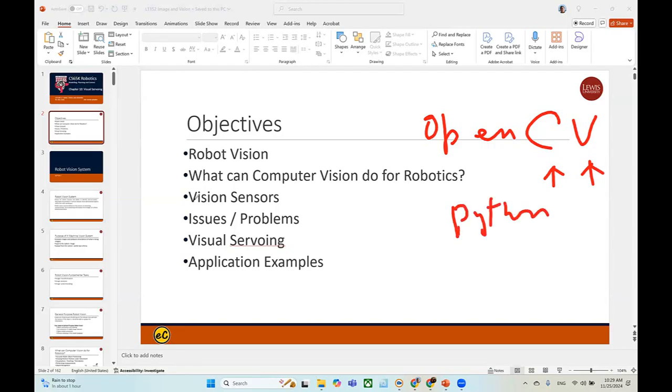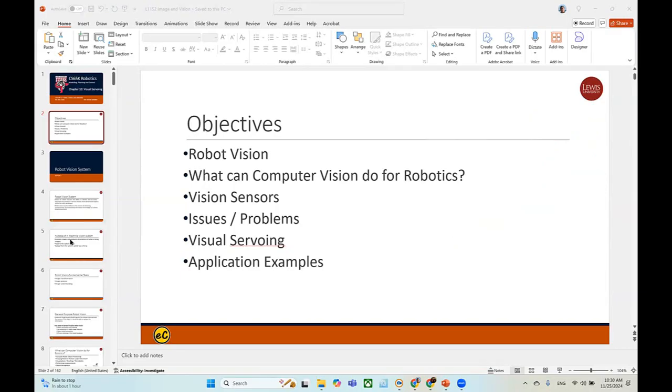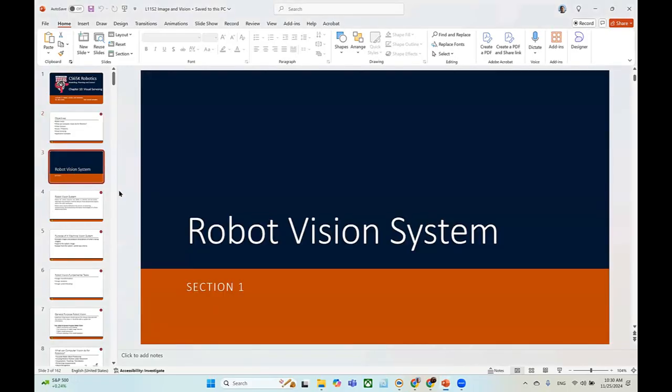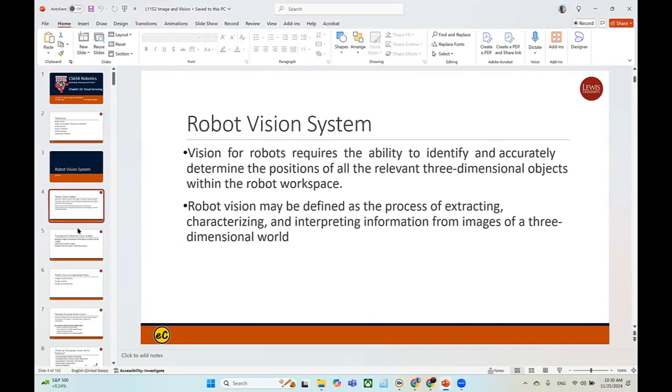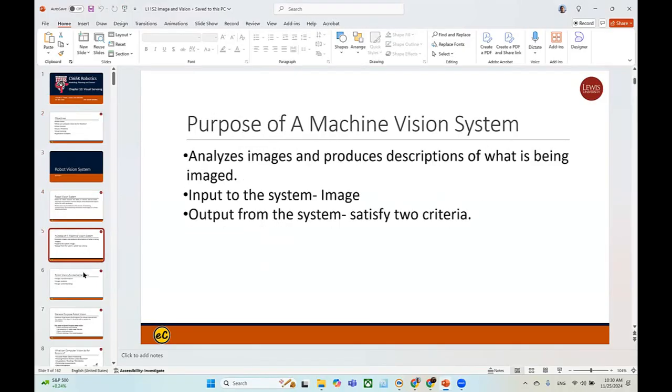You can install that to try the computer vision. So first you need to know what is computer vision, and then how it is used in robot environment. So the purpose of machine vision is to analyze images and produce descriptions of what they image, and then how to update your mathematical model. These are the purposes.